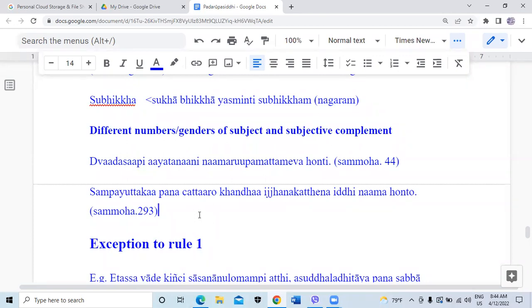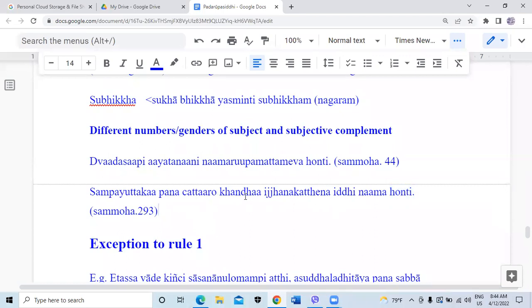Okay, this is the example: Taddhitakaṇḍa pana Sayadaw khandha Ichanakathena attā nāma honti. Now honti is the main verb. Honti also needs two subjects. What are the two subjects?